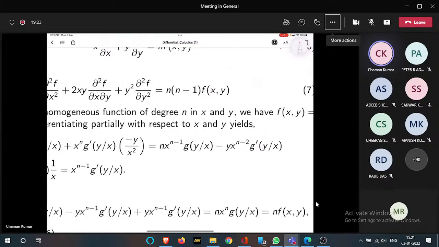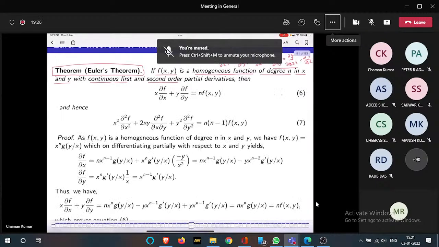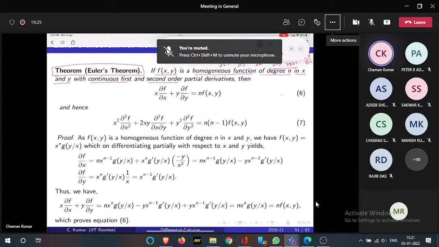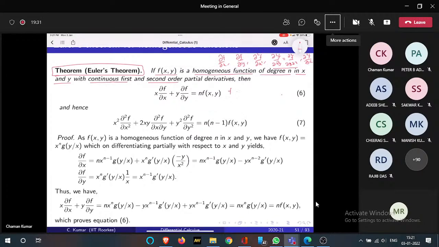What are the assumptions? First assumption is f is a homogeneous function of degree n. This is the first thing. And the second assumption is all these partial derivatives, first order partial derivatives. There are two first order partial derivatives, the derivative with respect to the variable x and the derivative with respect to the variable y.